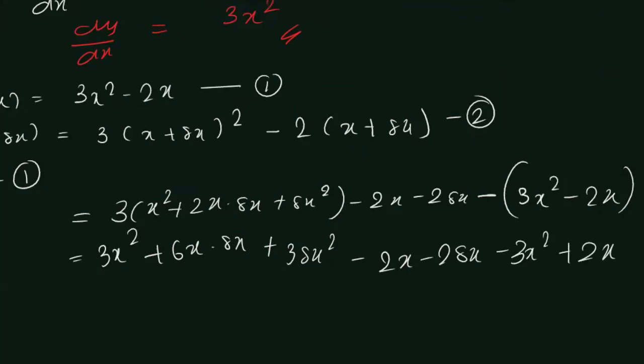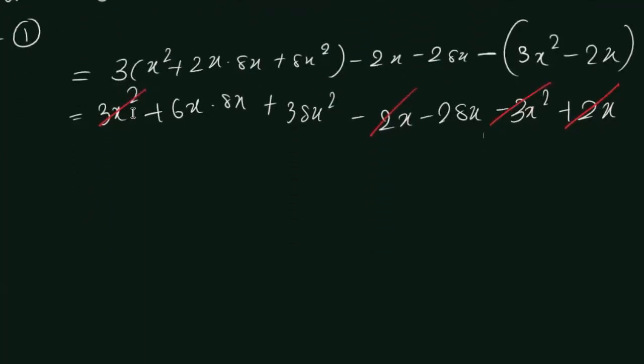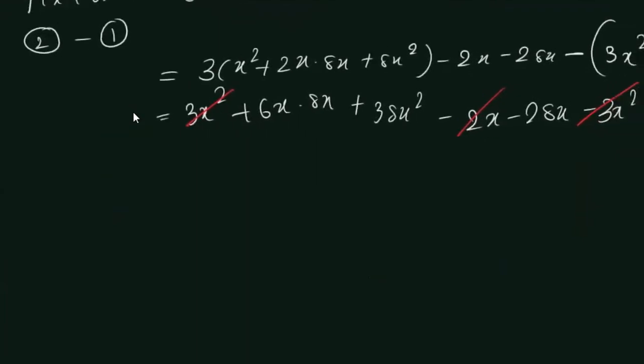So let's cancel the terms that are getting cancelled. 3x squared to 3x squared is going to get cancelled. So next, we have to divide both sides by what? Δx.